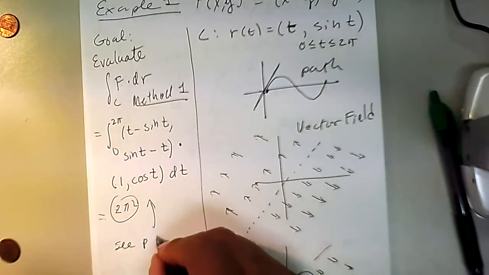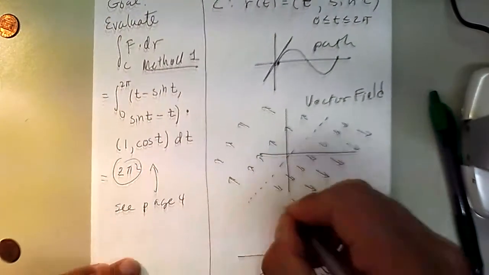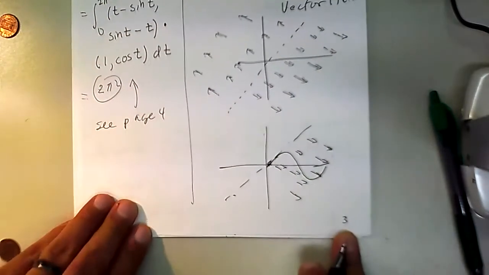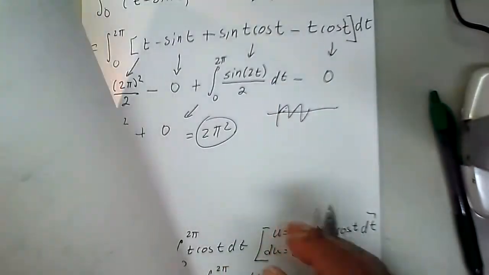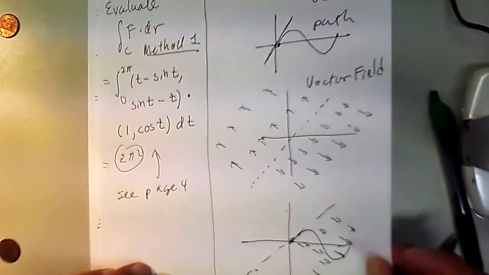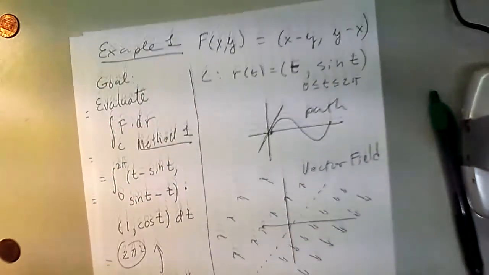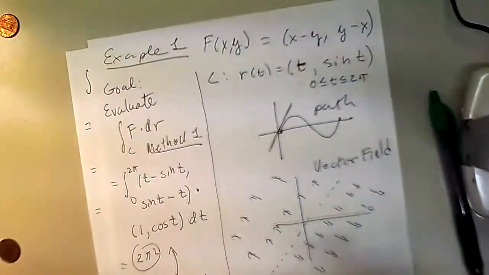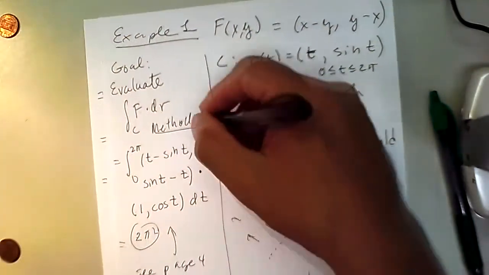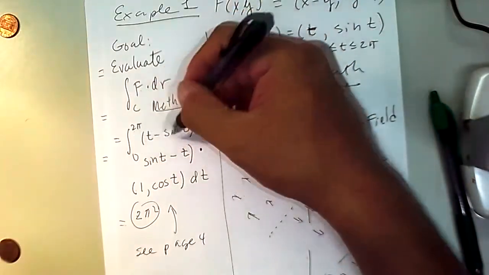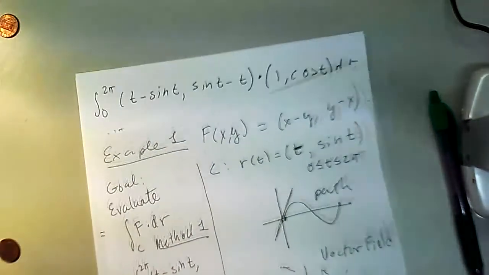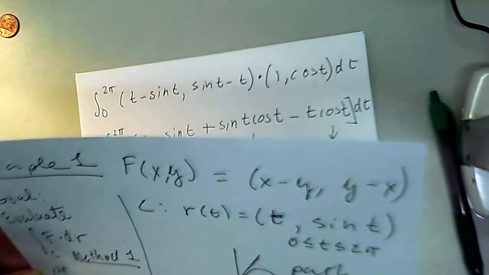In my notes it says page 4. In these notes that I'm writing, this was page 3, and where I did the work was page 4. Okay, so there it is. And this is method 1, which I would call brute force, by actually doing this. Let's redo the problem.